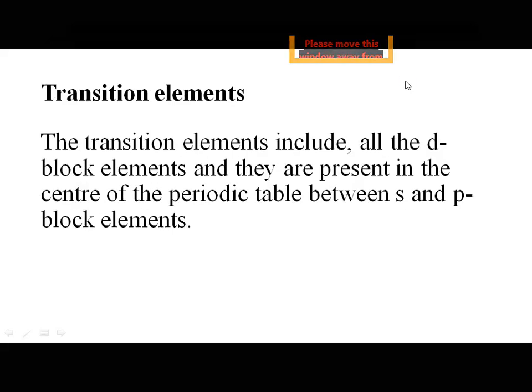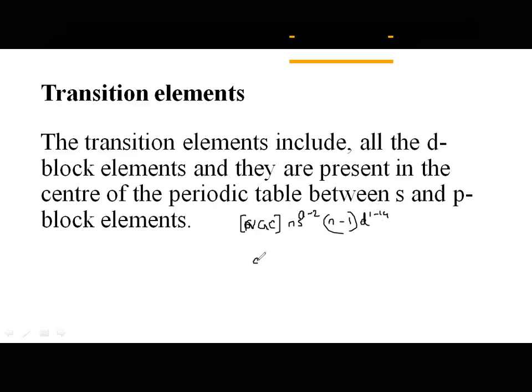Transition elements. So what do we mean by transition elements? They include all the d block elements and are present in the center of the periodic table. When I was explaining the d block, I told you the general configuration of the d block is noble gas configuration, ns1 or 2 or 0 to 2, and (n minus 1)d 1 to 10.